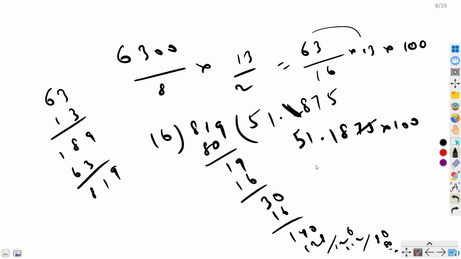Into 100, now you can multiply, so the decimal will move here, right? 5118.75.